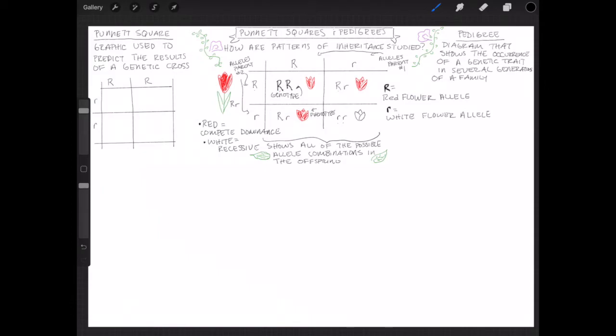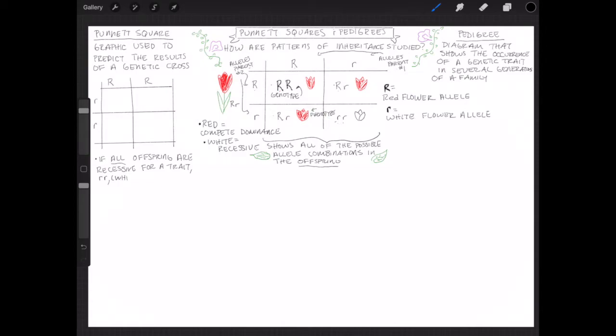Now, I have another question for you before we move on. If all offspring are recessive for a trait, so if all my tulips are white, for example, remember, these are a combination of possible offspring from having two different parent combinations here.